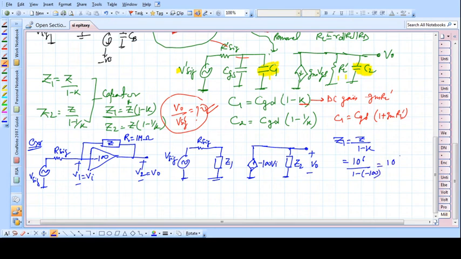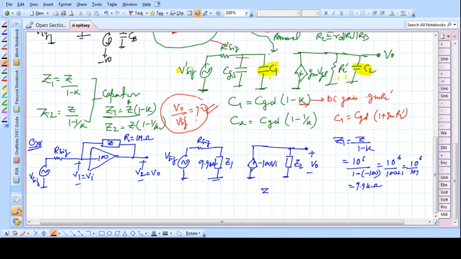So 10 to the power 6 by 1 plus 100, that is 101. If we write it in kilo ohm, 1000 by 101, it should be around 9.9 kilo ohm. So this value will be 9.9 kilo ohm.